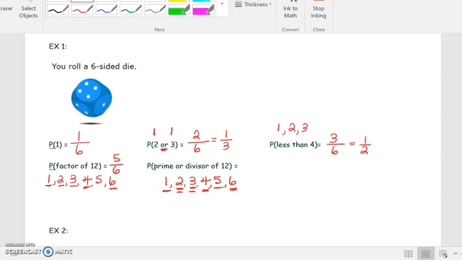So when I think about all the numbers that are prime or a divisor of 12, I'm looking at all possible outcomes. So I have 6 possibilities over a total of 6 possible outcomes. So that equals a probability of 1. So for probabilities, the lowest a probability could be is 0. The highest a probability could be is 1. So that event is going to occur.